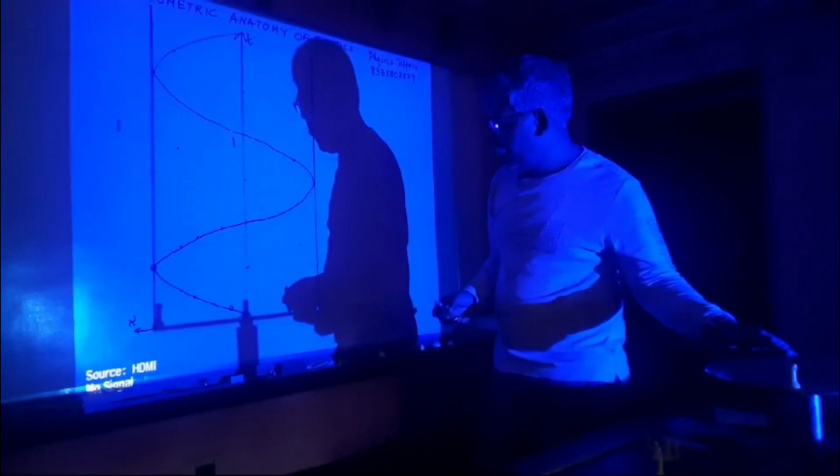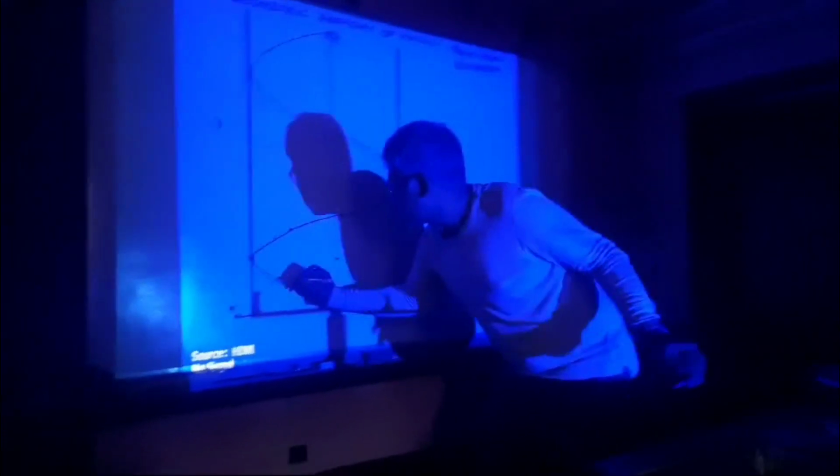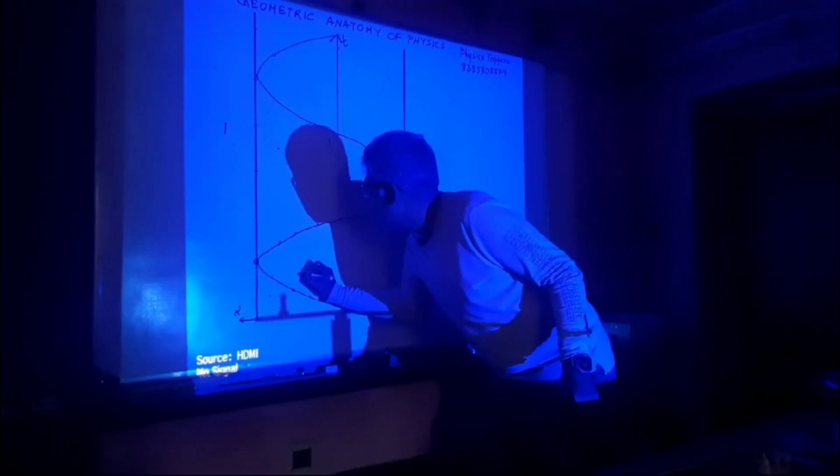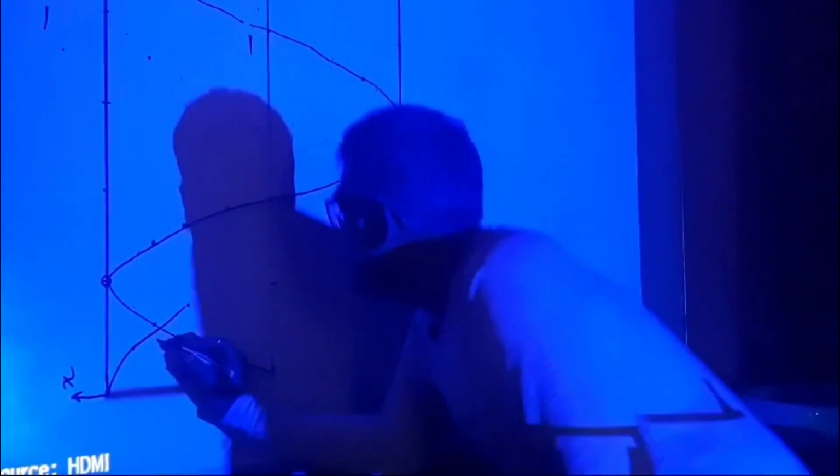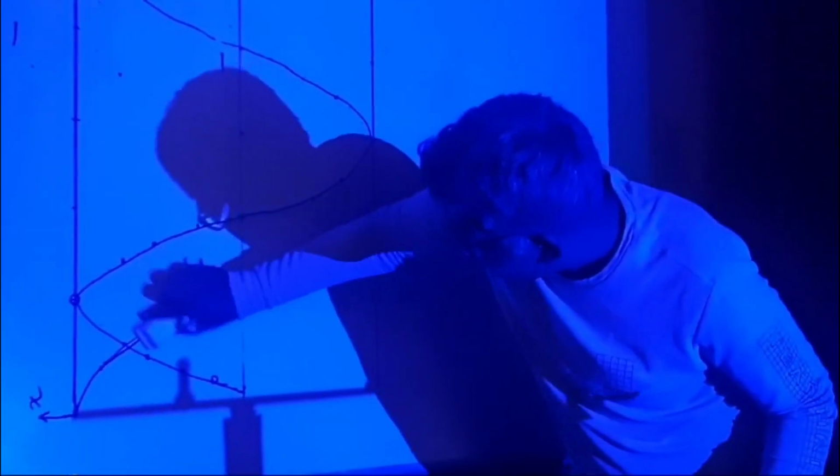This rook will have a curve like this. So it's coming here, here. So that means it's curved like this. Okay, sorry, let me draw it a little bit properly.